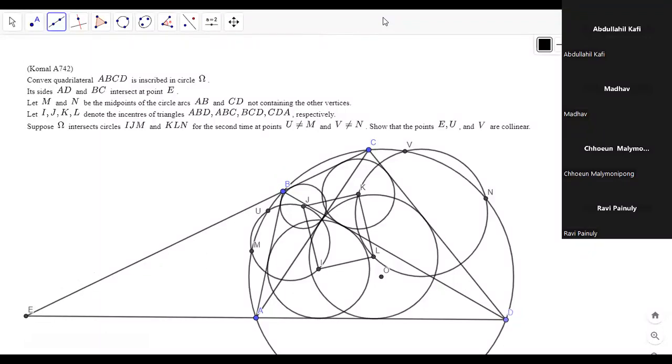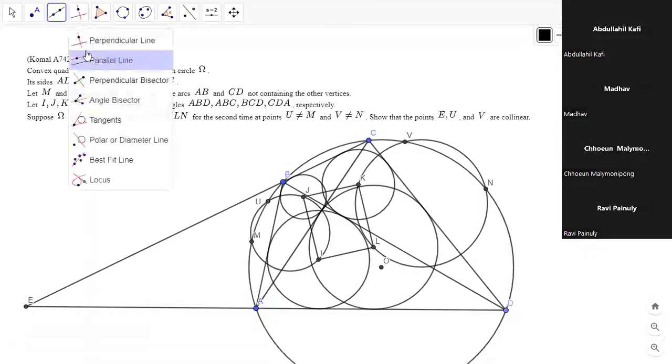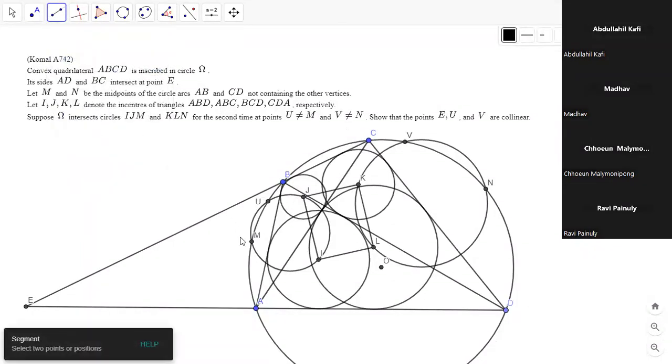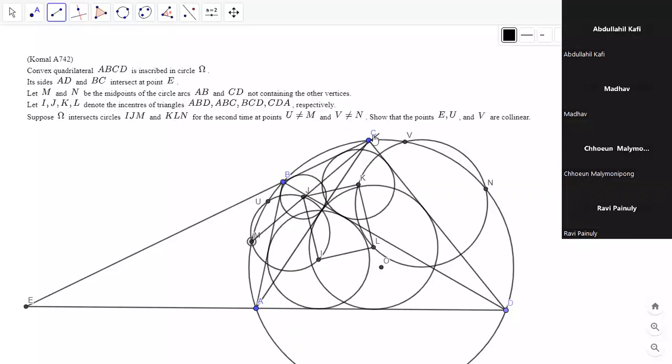Maybe we should draw MC and MD. Okay. And yeah, it probably would have been a good idea to draw those because they pass through the incenters.